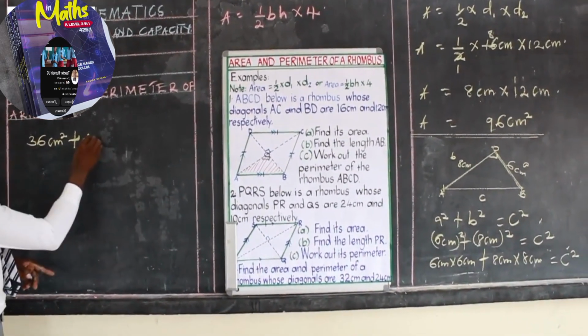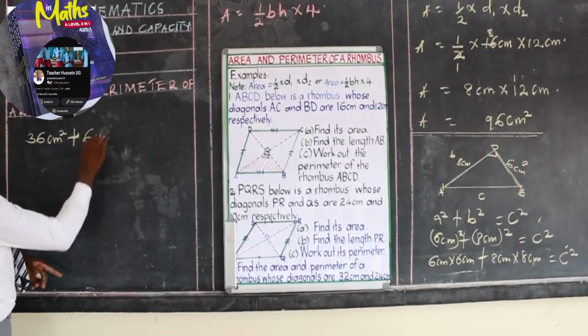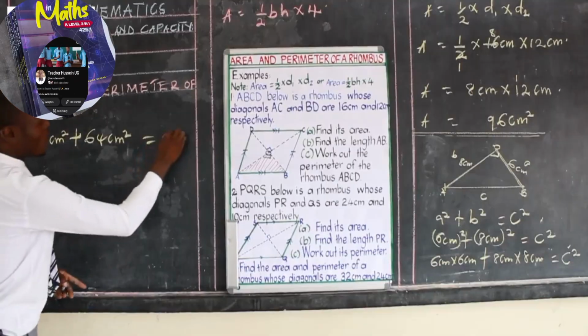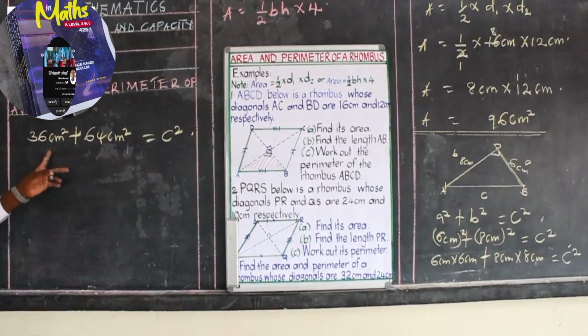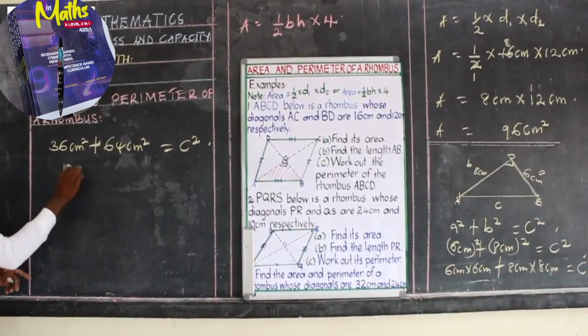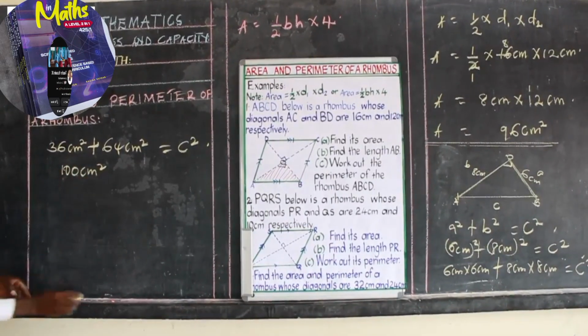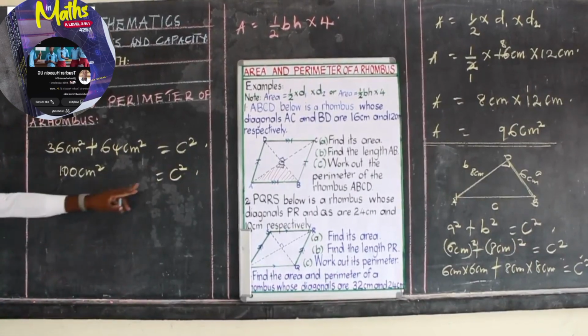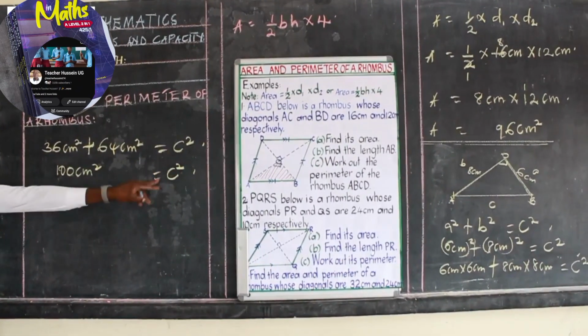Class, we shall get 64 square centimeters, giving us the square of C. Now addition comes in. Class, 36 plus 64 shall give us 100 square centimeters, giving us our square of C, or C raised to 2, you can also say squared.